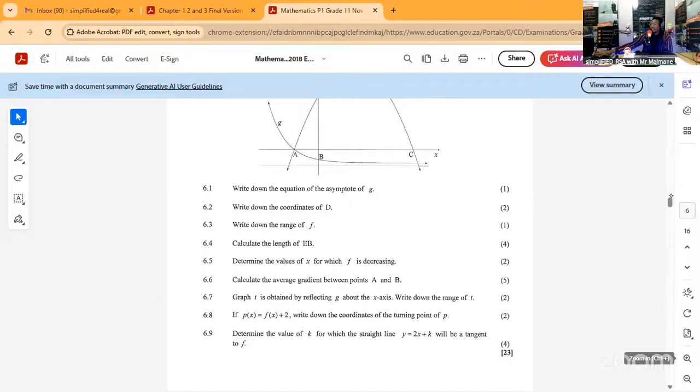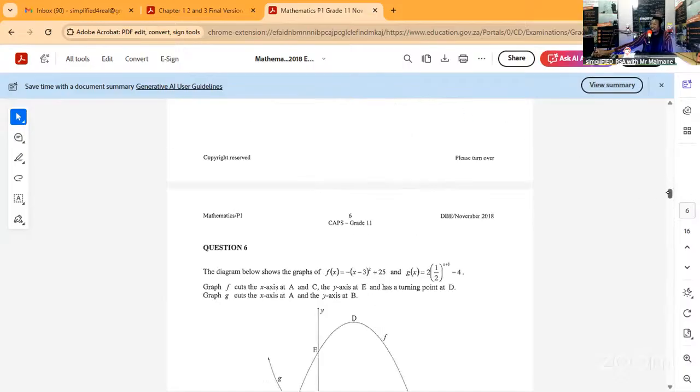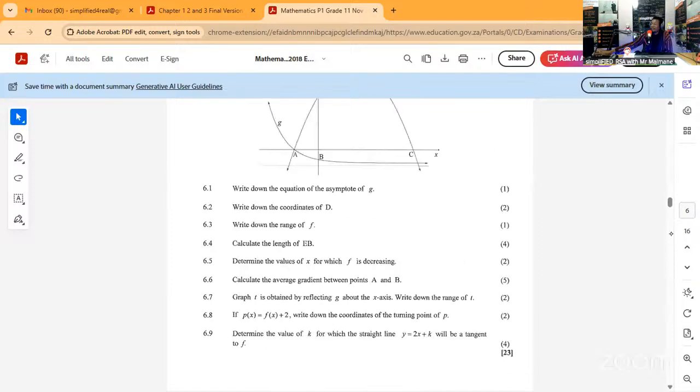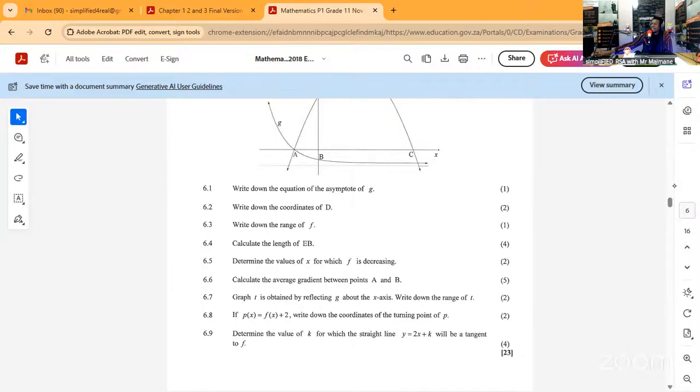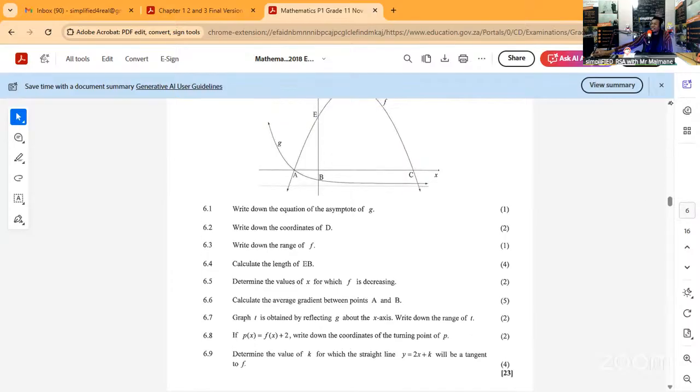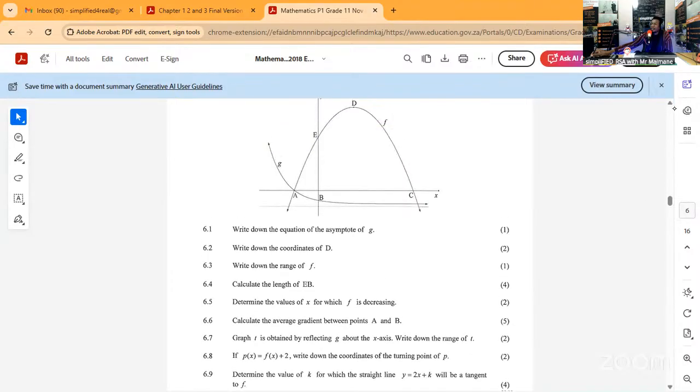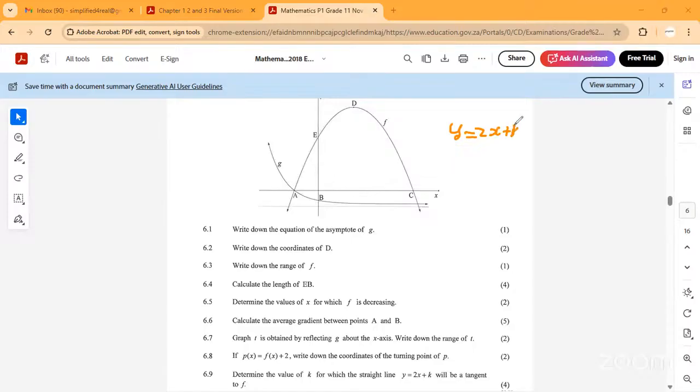So f of x, if this straight line is a tangent to f, first of all, I'm going to write it here. The straight line is y is equal to 2x plus k.